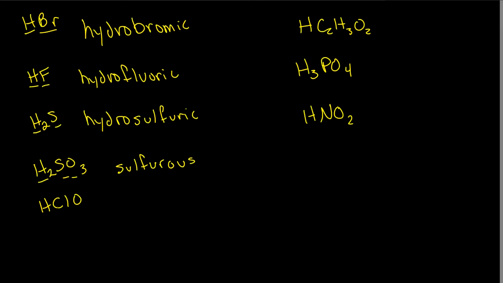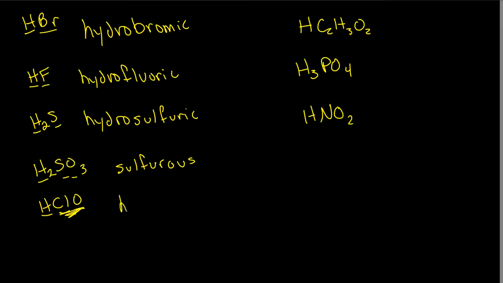Next example is HClO. I have hydrogen in the front, so I know it's an acid. I have three total elements, so I know it's ternary. One of them being oxygen, so I definitely know it's ternary. When we have a ternary acid, we do not name hydro. Hydro means no oxygen. We have oxygen, so no hydro. We're going to name it based off the ClO ion.